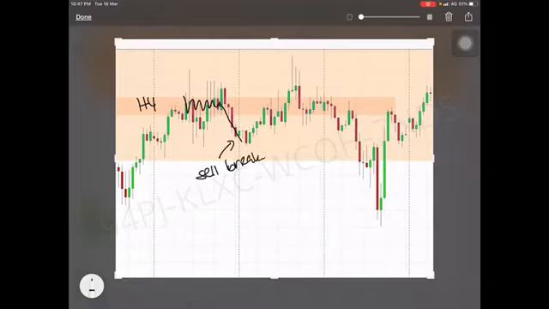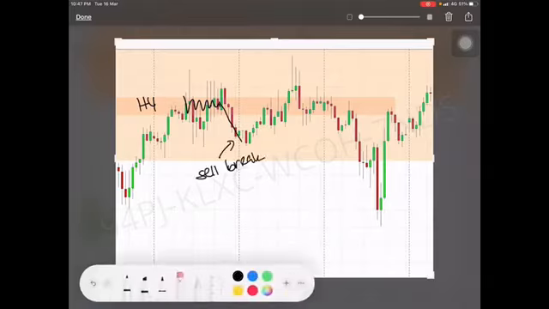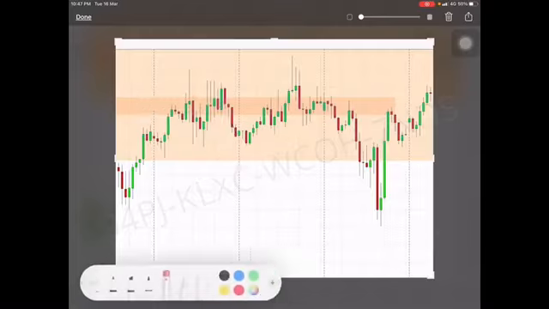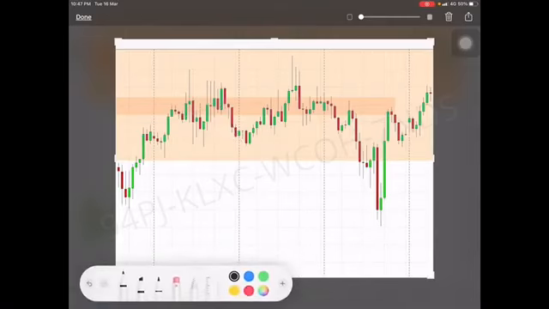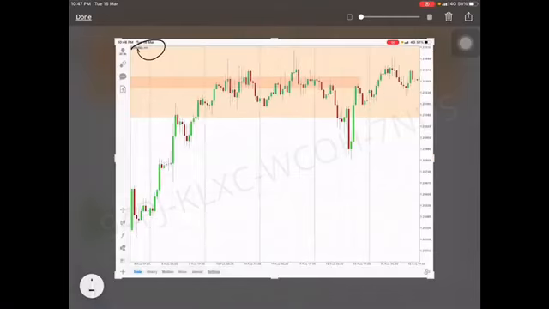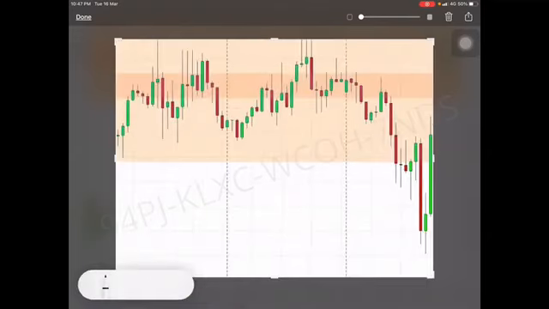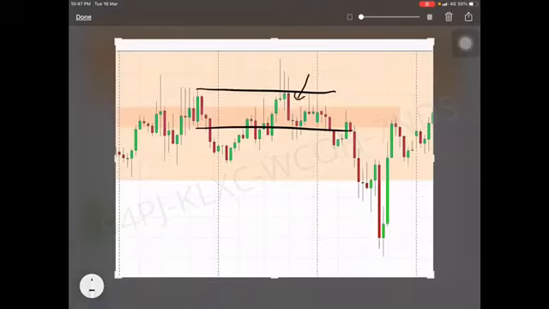So what do you look for after the sell breakout? H1. This is H1. So we are looking for sell engulfing. So this is where we are going to entry. Okay? Yes. So you entry.